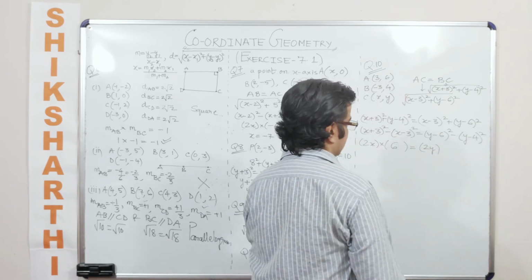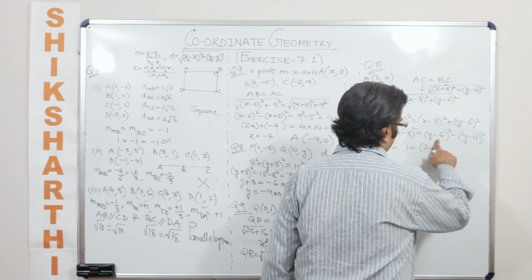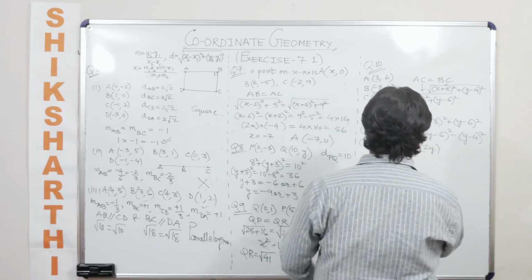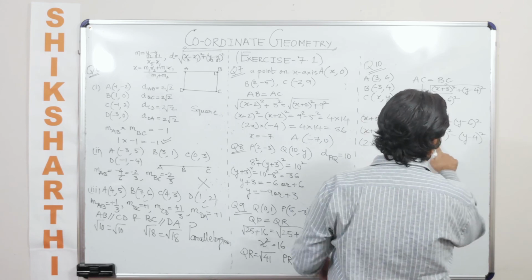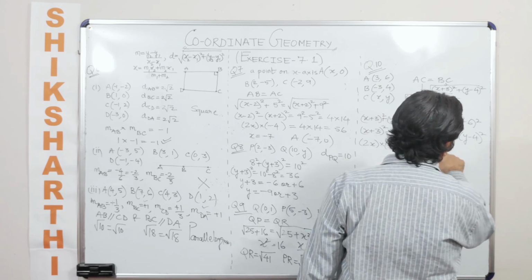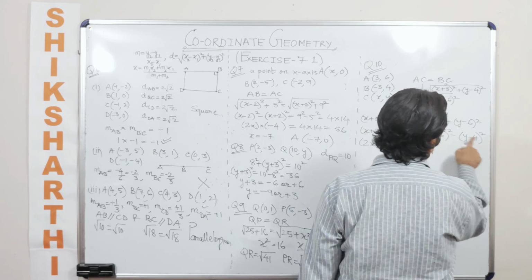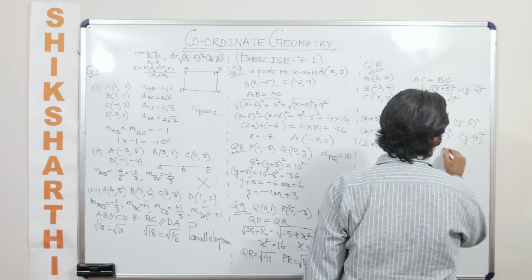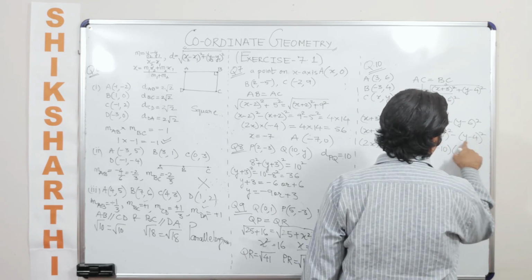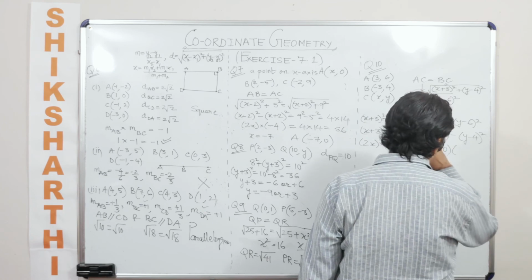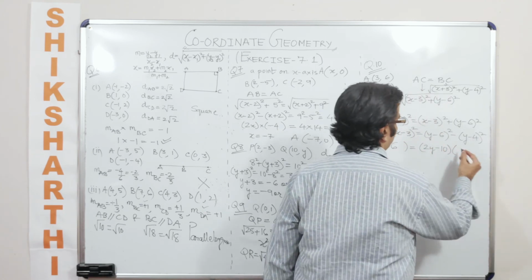I hope I have done it correctly. And then once you add this, you are getting 2y minus 10. And then when you are subtracting this, you are basically getting what? y minus 6 minus y plus 4, which is minus 2.